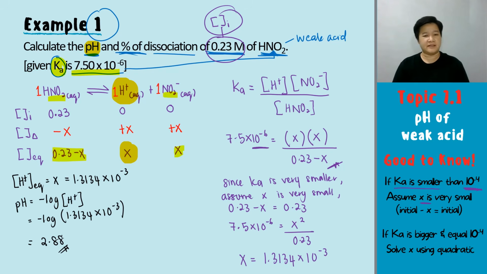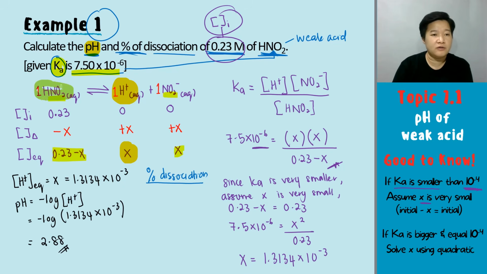Simple, easy. Next, the question asking for the percentage of dissociation. So, we know that the percentage of dissociation is definitely for your weak acid or weak base. Therefore, we will only focus on this initial and also these changes for the percentage of dissociation. So, change over initial times 100%.